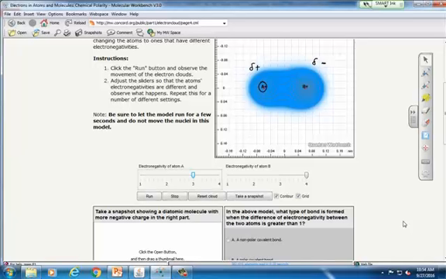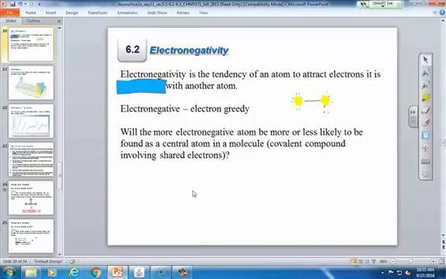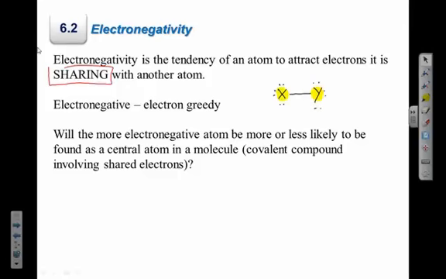And we'll see how that polarity, or that opposite charges on opposite ends of the molecule, has a big impact on the properties of molecules when we continue our discussion later. So for now, though, we have now a good idea of what electronegativity is.